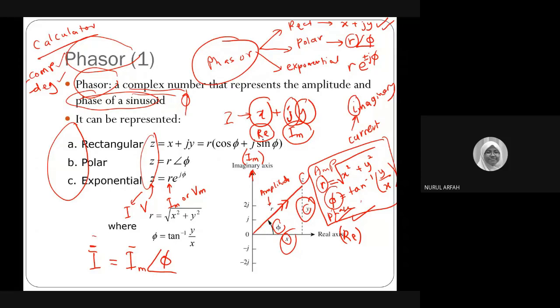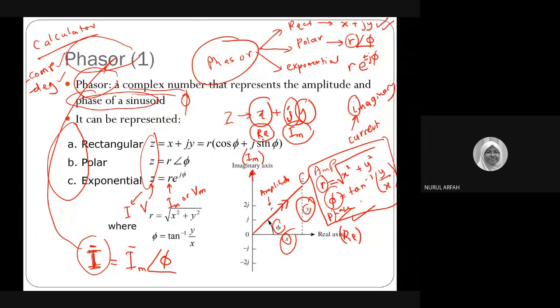So what is I bar? In your textbook, usually they put it in capital letter. Like I said, a capital letter is actually a phasor form. To represent this in terms of phasor form, in your textbook, usually they bold this and make it a capital letter.